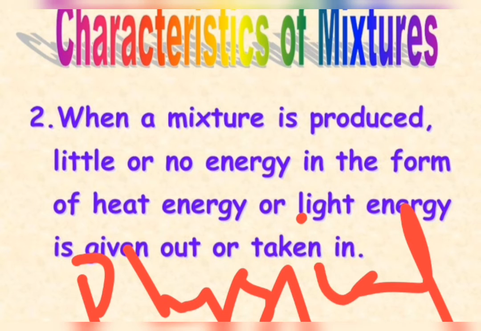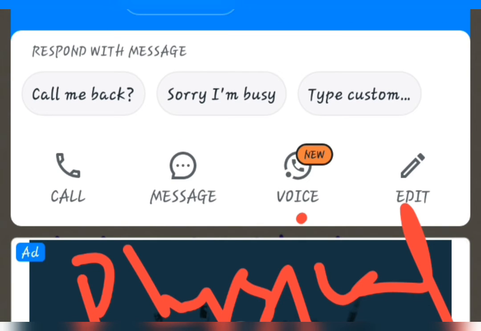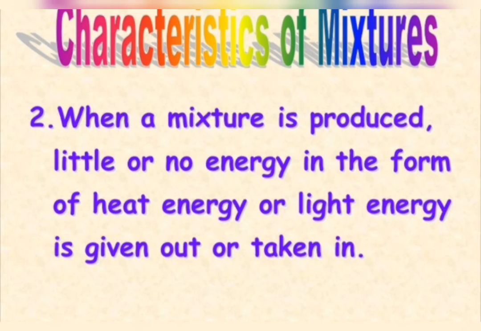It's a physical change because energy is neither given out nor absorbed. Energy can be in the form of heat and light. So if you do the same experiment, when iron filings are mixed with sulfur powder to prepare the mixture, heat is neither evolved nor absorbed. So the formation of a mixture is a physical change.